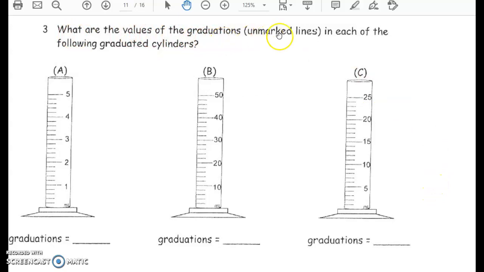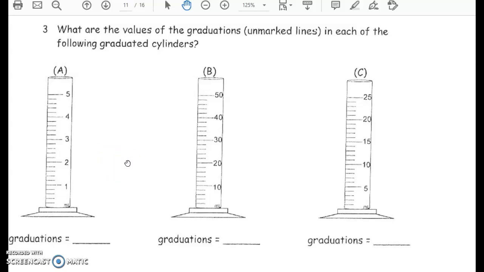what are the values of the graduations or the unmarked lines in each of the following graduated cylinders? So for 1 here, for A, in between each whole number, we have 1, 2, 3, 4 lines. So each whole number is made up of 5 increments.